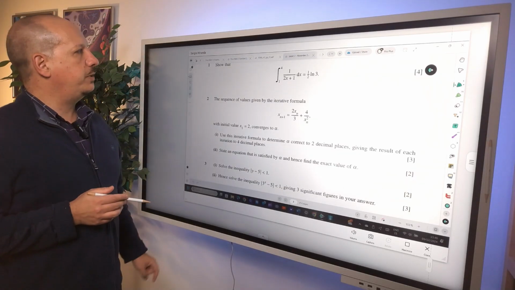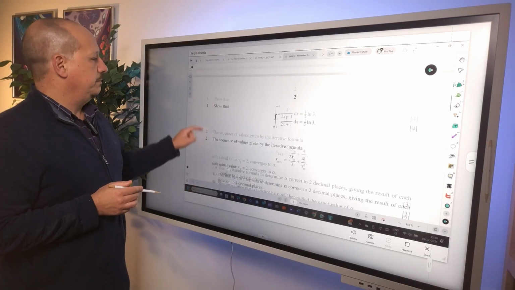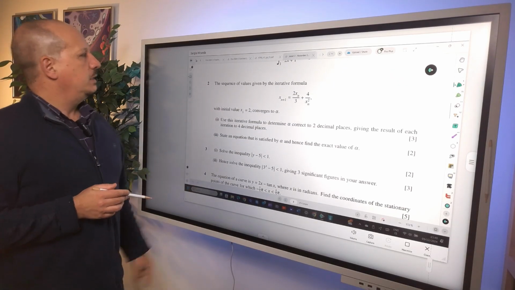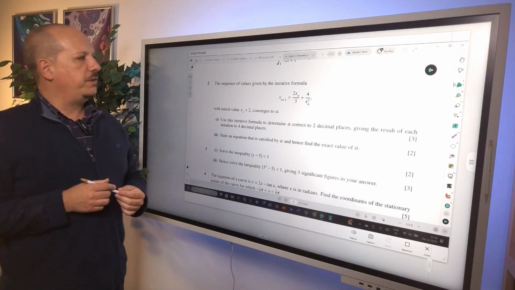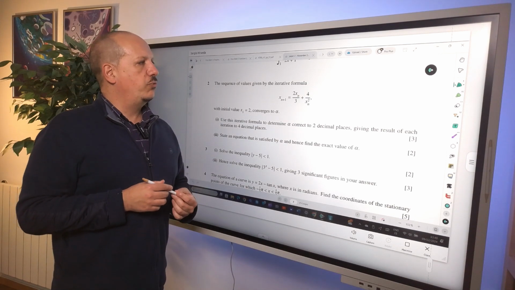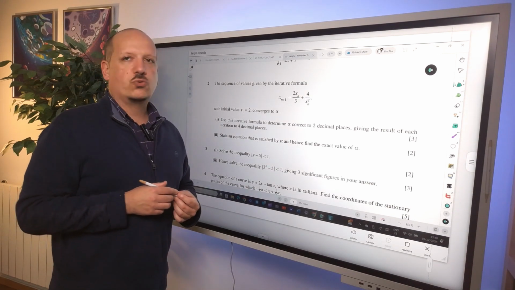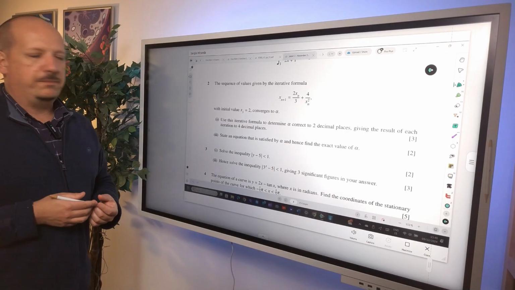This is paper 2, November 2007. Question 2. The sequence of values given by the iterative formula x of n plus 1 equals 2x of n over 3 plus 4 over x of n squared with initial value x1 equals 2 converges to alpha.